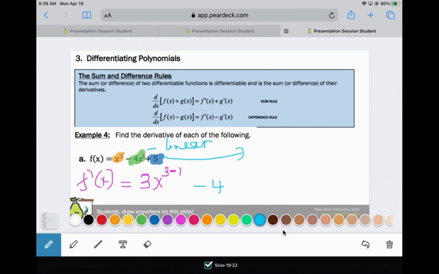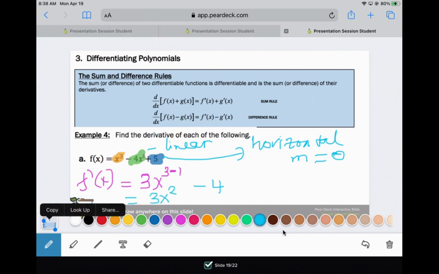We know the constant is a horizontal line. If the horizontal line, then the slope is 0. If the slope is 0, then I don't have to write that out. I don't have to write that down, okay? So 3x to the second power minus 4, and this is my derivative, okay?